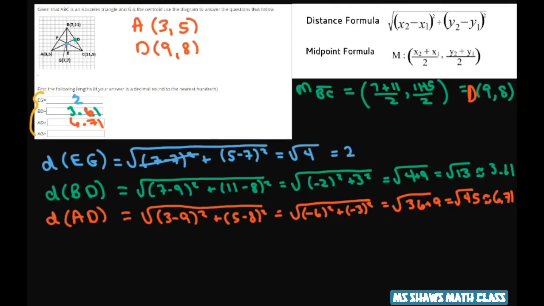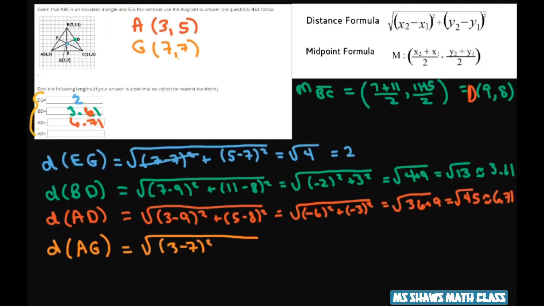All right, and finally AG. So distance of AG. So let's change this to G, and our G point is 7,7. So that's going to be the square root of 3 minus 7 squared plus 5 minus 7 squared.